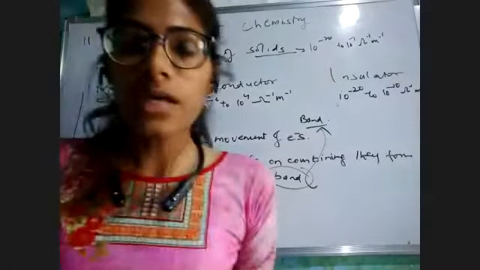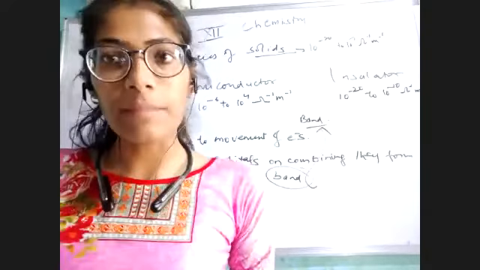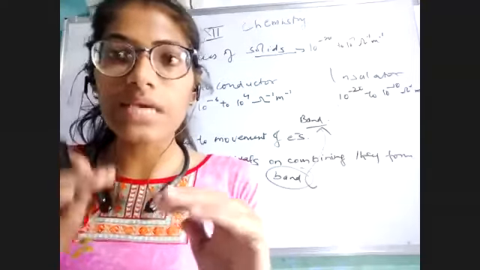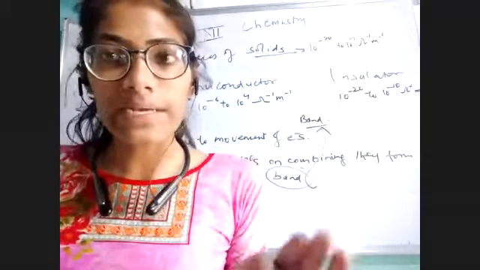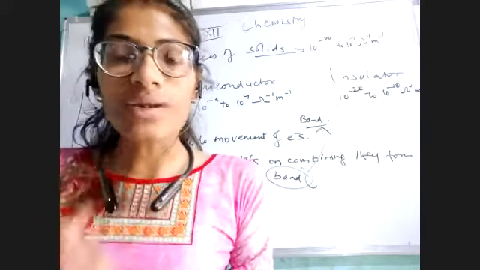I'm again repeating, we have two types of bands of two different metal orbitals. One is a little bit unoccupied, that means there are electrons, but it is not completely filled. And the other one is completely unoccupied, totally empty.